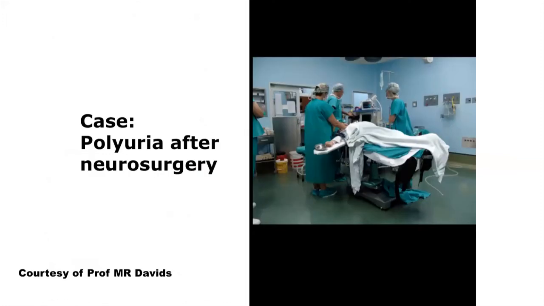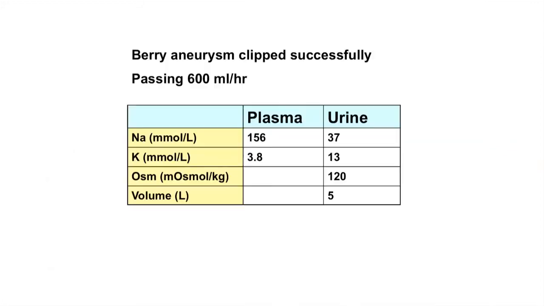So I'm just going to move on to the case that I got from Professor Yazied, and it's a very interesting case of a patient that developed polyuria after neurosurgery. It was a patient that had a berry aneurysm clipped successfully, but immediately post-operatively had a urine output of 600 mL per hour.